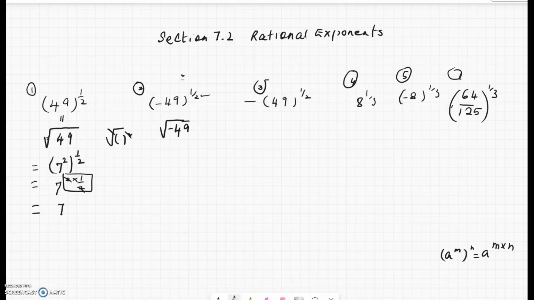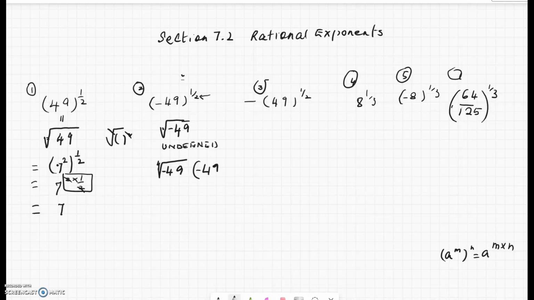Negative 49 to the half is the square root of negative 49. Remember that if the denominator of the exponent is even, so this is the second root, this would be undefined. When there's a negative number inside the radical sign, then that is undefined. What if we had the fourth root of negative 49?